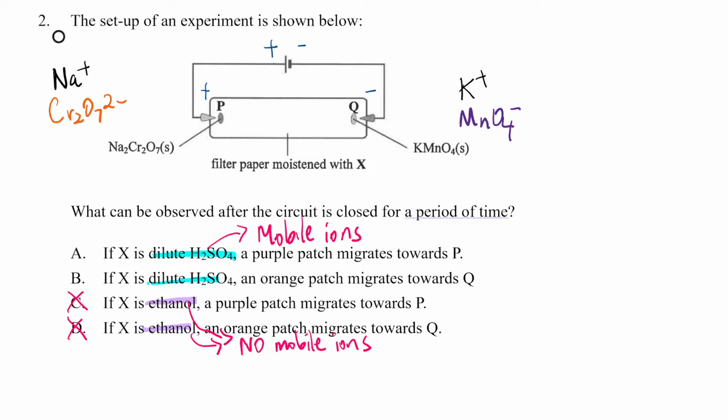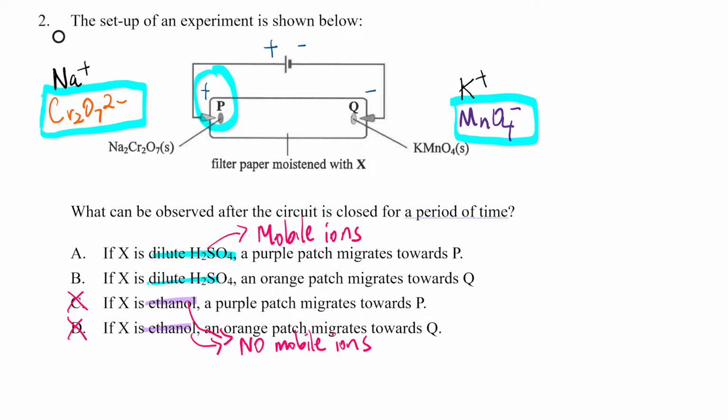Now the logic is very simple. Towards the positive end, which is the P side here, what type of ions would be attracted there? Do you think the negative ions would be attracted, or the positive ions? Yep, it would be the negative ions. So the negative ions, which are dichromate ion here and permanganate ions here, would migrate towards the positive end.